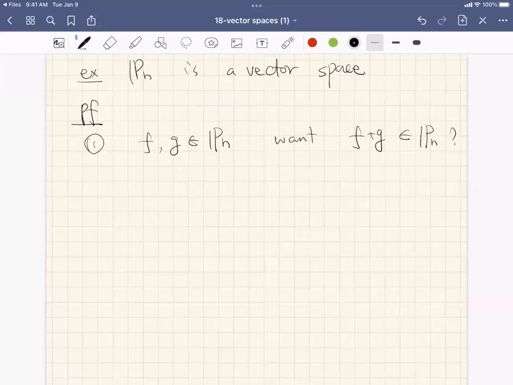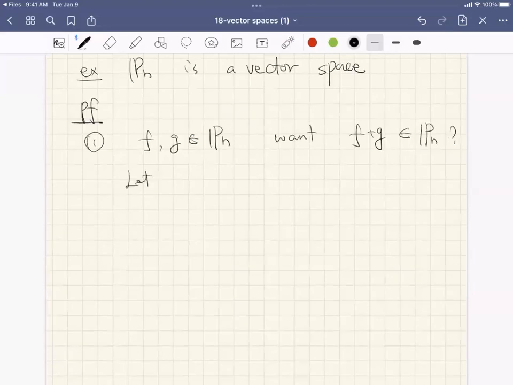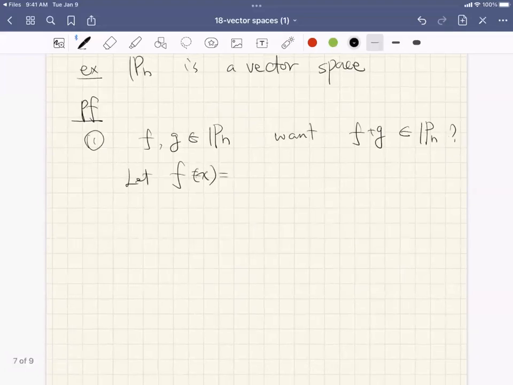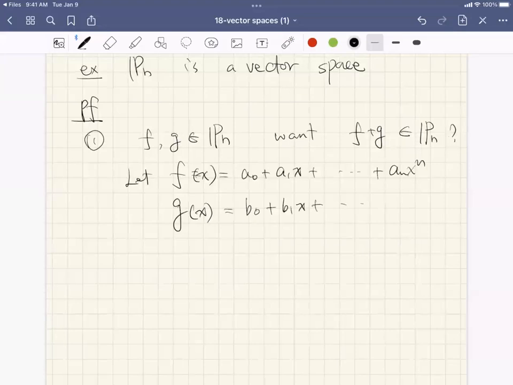So for example, because f is in Pn, f(x) can be written as a0 plus a1x plus ... plus an x^n, and g(x) can be written as b0 plus b1x plus all the way to bn x^n.